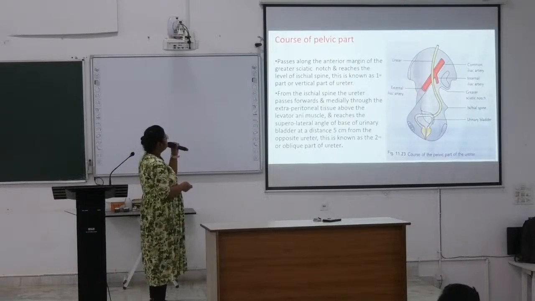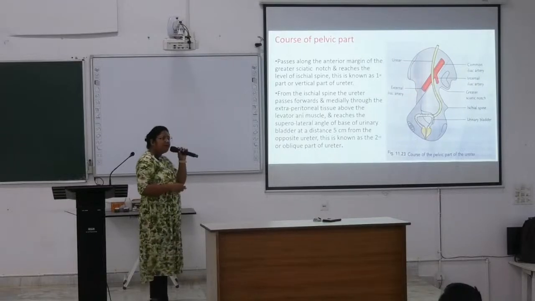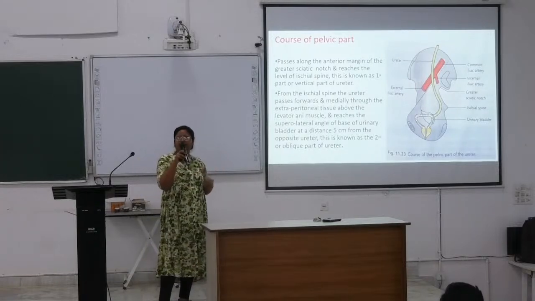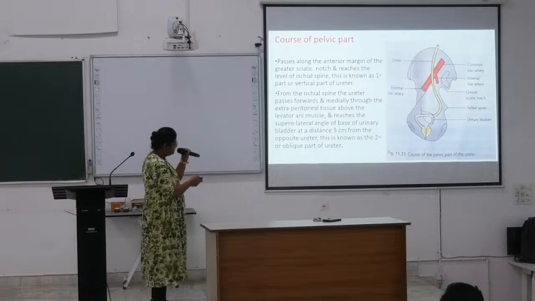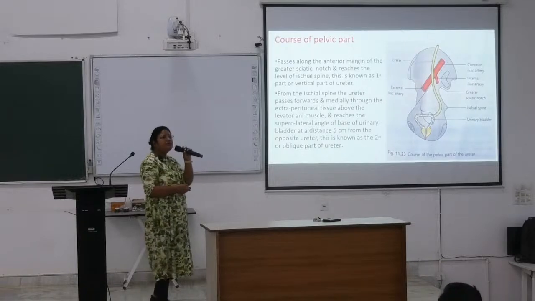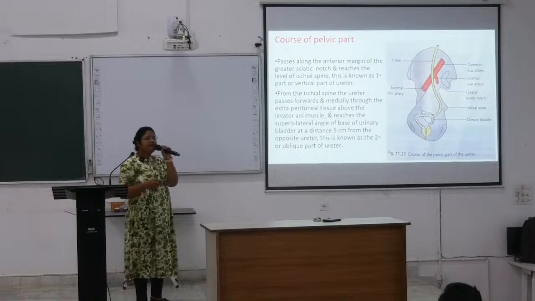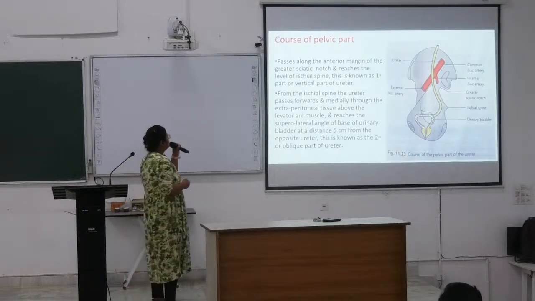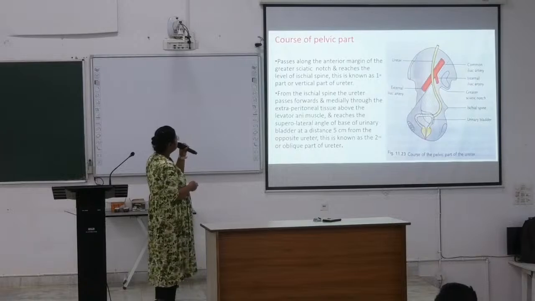Here, the ischial spine level, and this is known as the first part or vertical part of the ureter. This pelvic part of the ureter is again divided into three parts. First is the vertical part, then the horizontal part, then the intramural part. Intramural part means that it lies within the wall of the bladder. Okay, so first this is the vertical part.